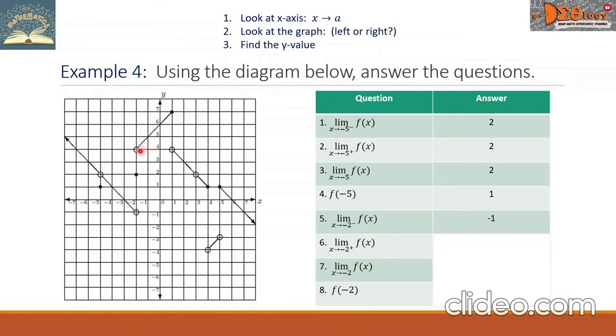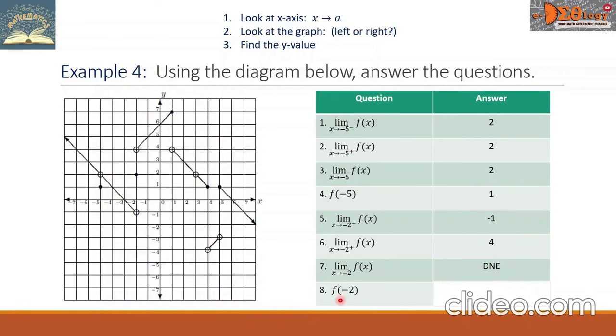Then we find the y value, and that will be 4. So we write here 4. Number 7. This is a two-sided limit. So simply we compare the values for left-hand limit and the right-hand limit. We can see that they are not equal. In that case, we conclude that the limit itself does not exist.